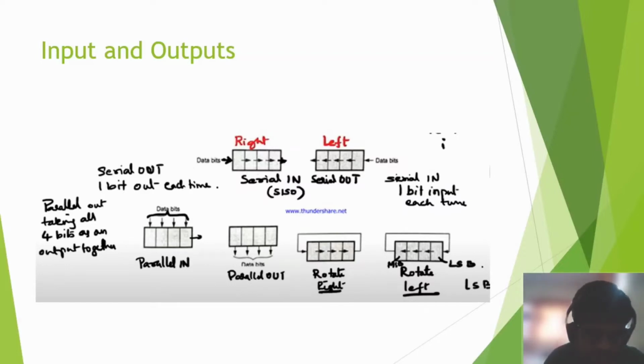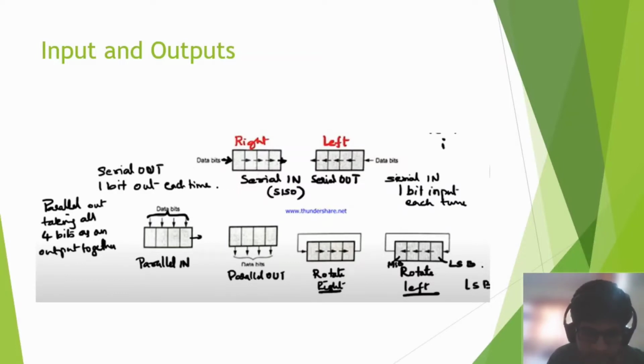Serial out means we get output of one bit at a time or at each clock pulse. But in parallel in, we provide all bits of data in a single clock pulse at a time. Similarly, for parallel out, we get all bits of data from the register at a time in a single clock pulse.